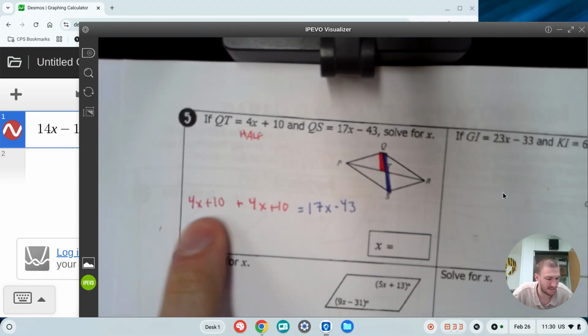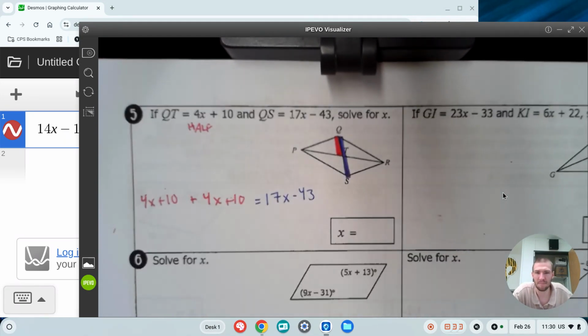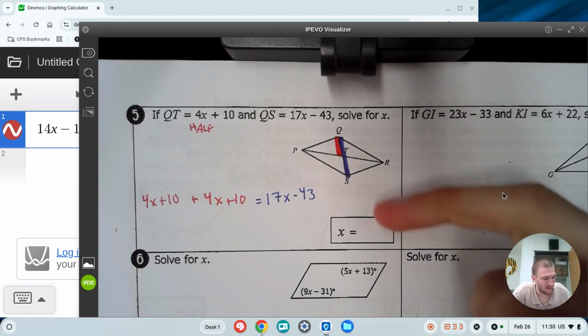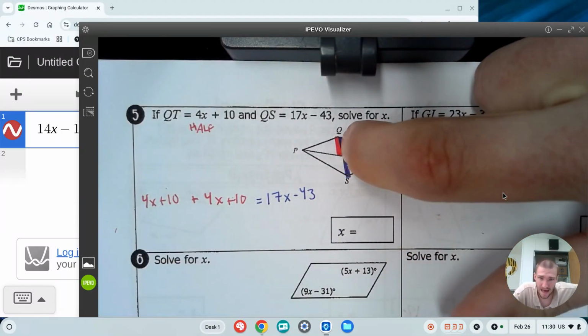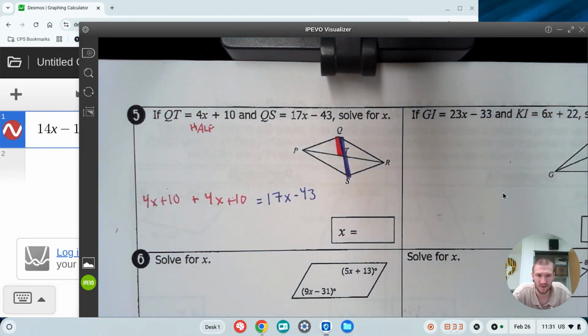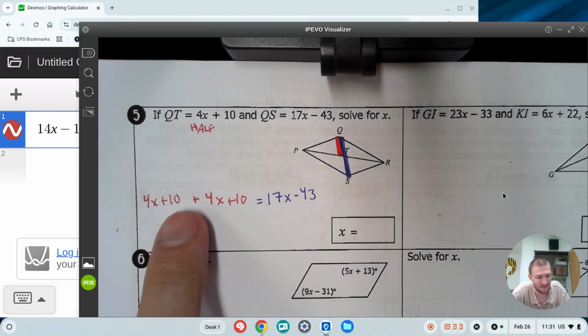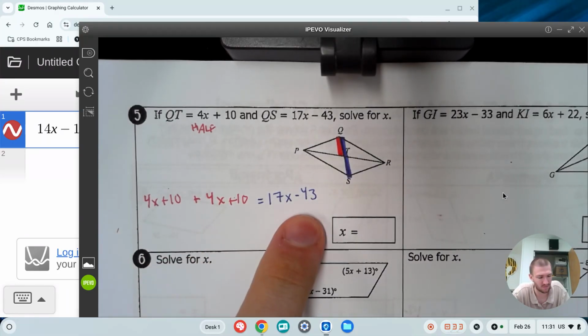It's gonna have to take double in order to make it happen. So you will see questions like this where we have half and the whole. We're not allowed to say that the half is equal to the whole. That doesn't make any sense. So we need to say that the two halves added together make the whole.